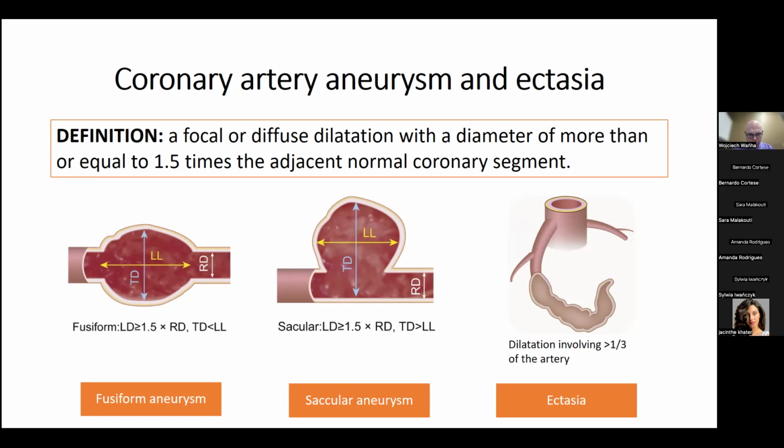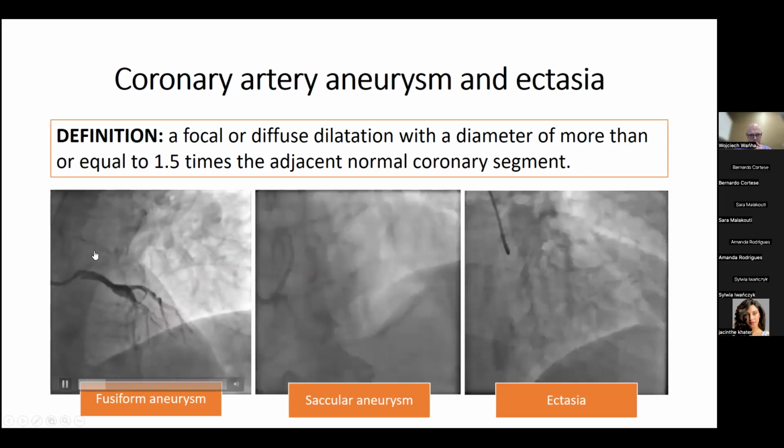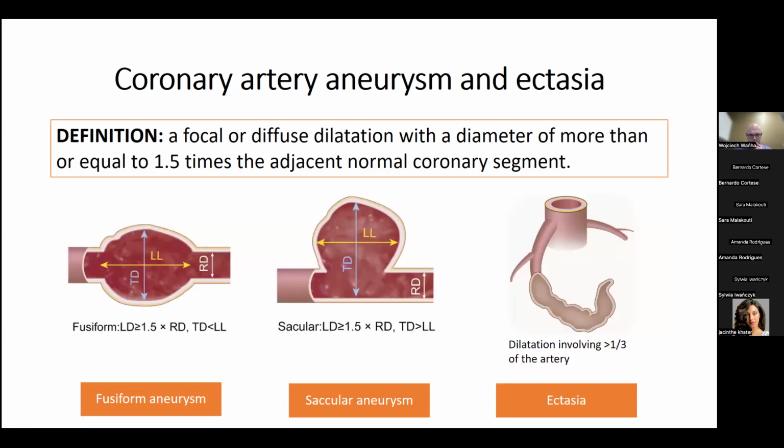We can divide it into the fusiform aneurysm, when the longitudinal length of the aneurysm is more than the diameter, and saccular aneurysm, when the diameter is larger than the length of the aneurysm, like this picture.